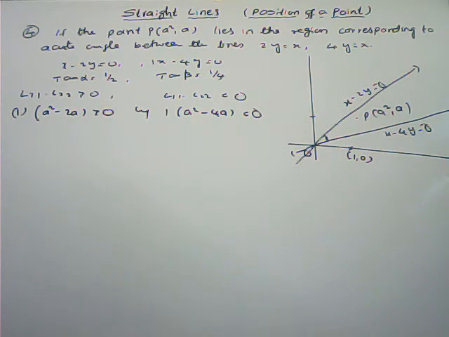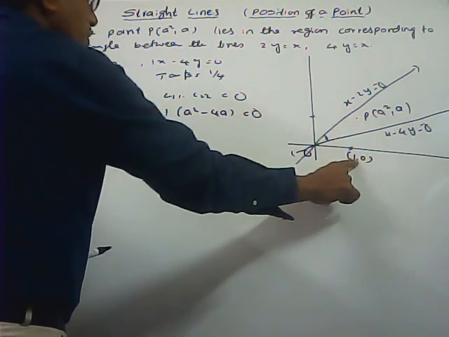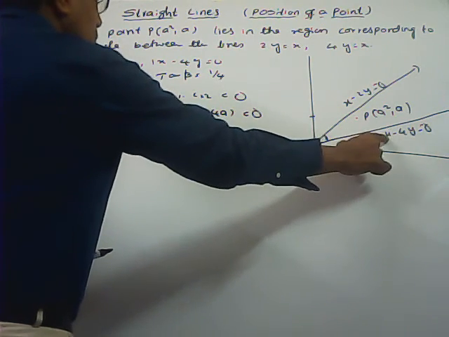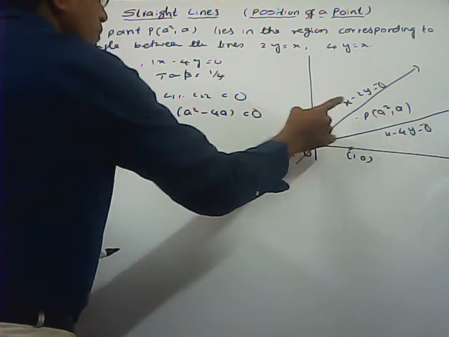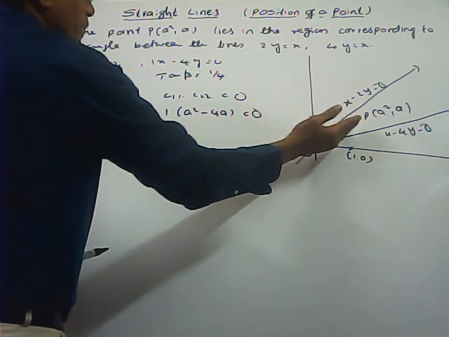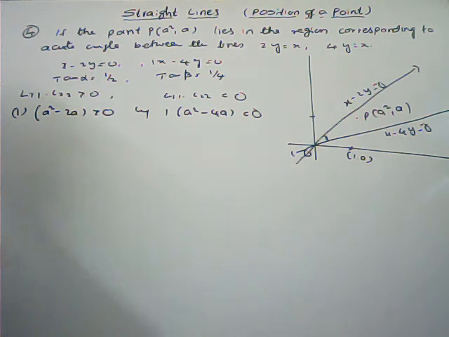Here also we got 2 inequalities. With respect to this line, both the points lie on either side, so L11 into L22 should be less than 0. With respect to this line, these 2 points lie on the same side, so L11 into L22 should be more than 0. That only I have written here.